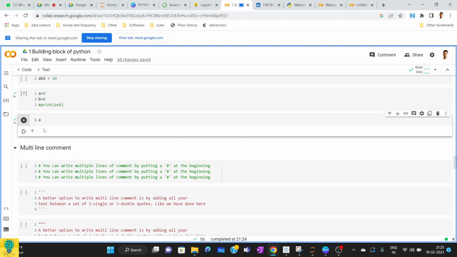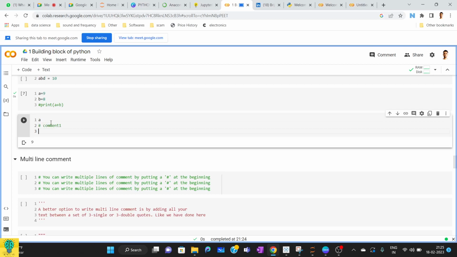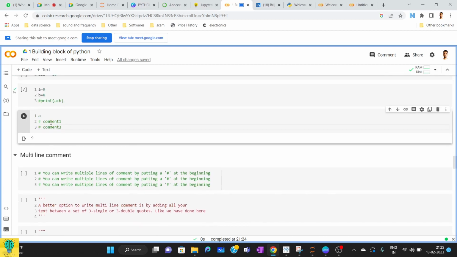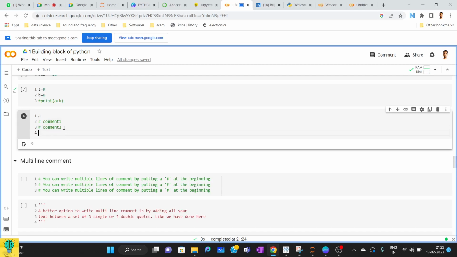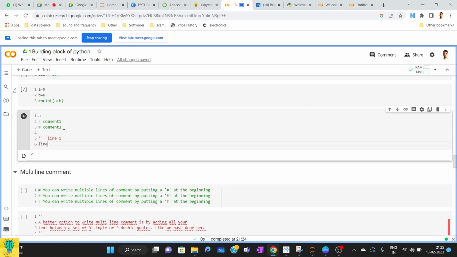Okay, so if I want to write multiple comments, I'll write this as comment 1, and in the next line I can write comment 2. So I can always write any number of comment lines. But suppose I have to write a big paragraph, I'm not going to put a hash symbol before the start of every line. So what I'm going to do is put three quotes. Okay, and I'll write line 1, enter, line 2.